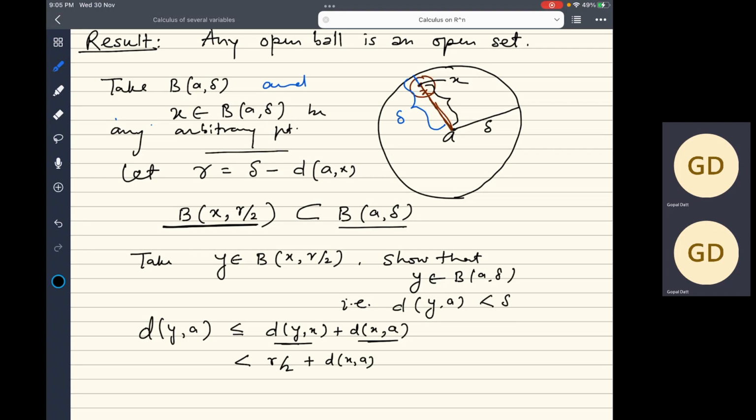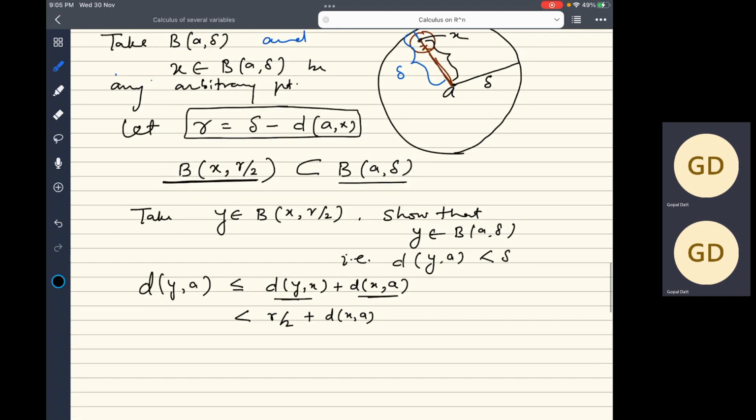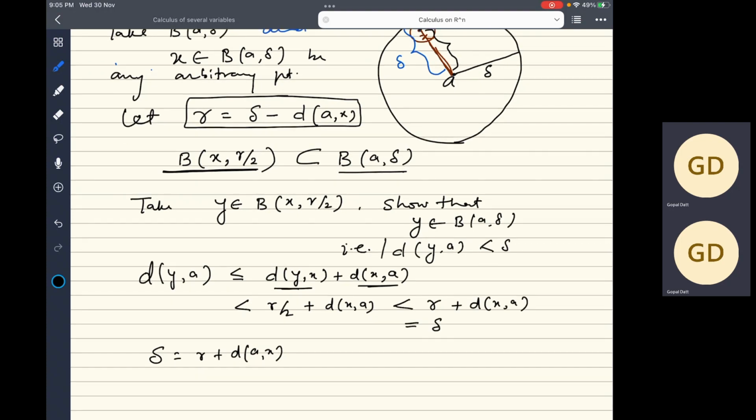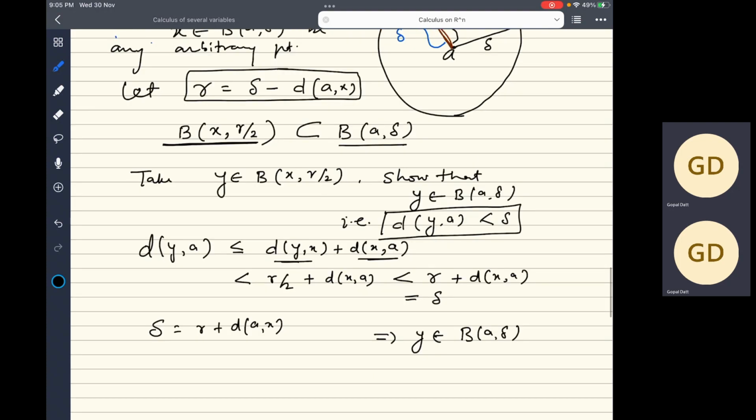So from here, you get delta equal to R plus d(A, X). You also know this is less than R plus d(X, A), which is nothing but delta. You have shown this thing. This implies Y belongs to B(A, delta), and we are done.